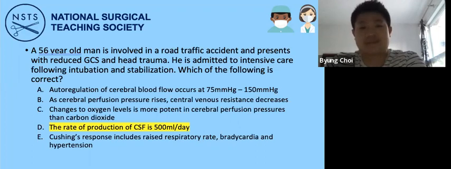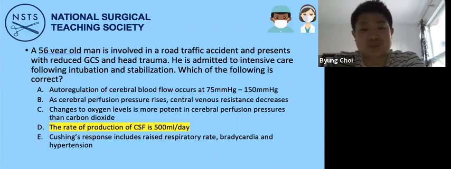That's why, if a question like this asks whether, as cerebral perfusion pressure goes up, central venous resistance will also go up as a coping mechanism, it is correct. Now, I hope most of you know that carbon dioxide is a more potent chemical effect on cerebral perfusion pressures than oxygen. So that's why C is incorrect.